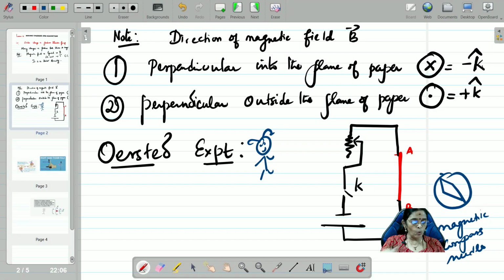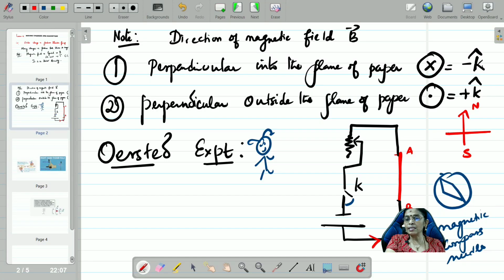Accidentally, what happened when he was just pressing the key? After pressing the key, what will happen? You yourself tell me, in the circuit current starts flowing. So current starts flowing from B to A like that. When the current flows from bottom to the top, that is from south to north. North you always mark like that, north is upward. So what happens here?